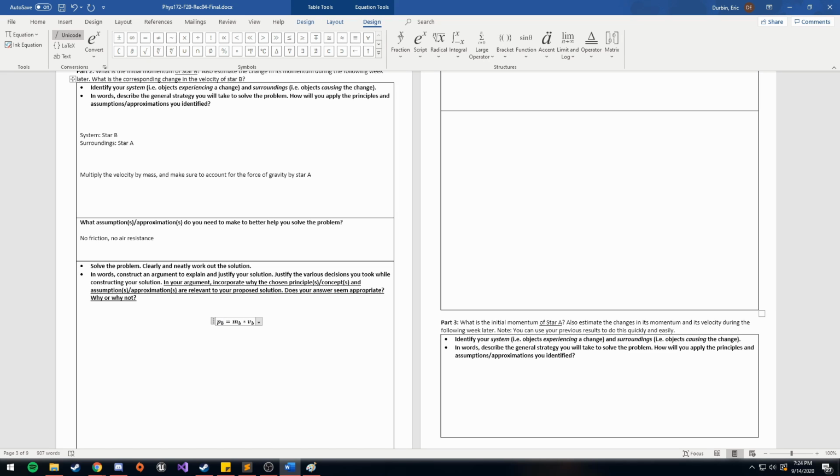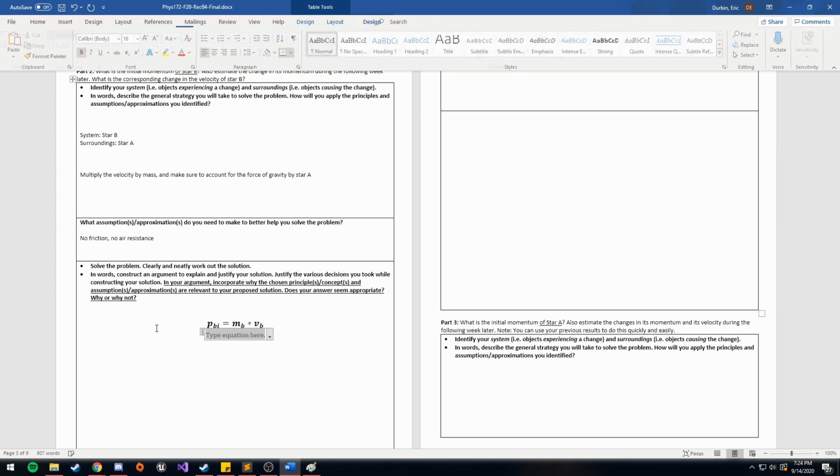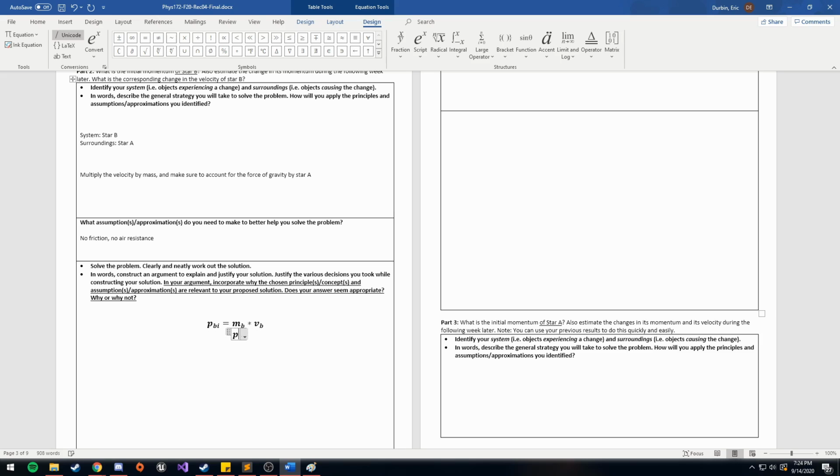And then the force would be the force of star A on star B. And then I think it's also given too.